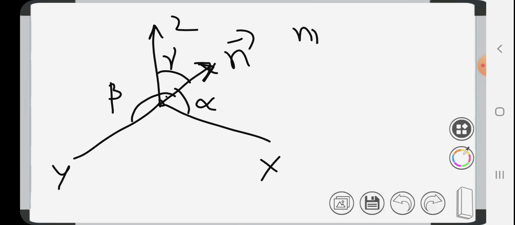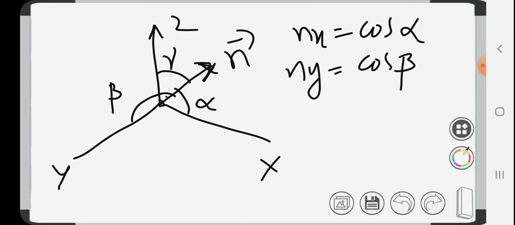So nx is nothing but cos alpha, ny is nothing but cos beta, nz is equal to cos gamma. That is what direction cosines means, and there are various properties.